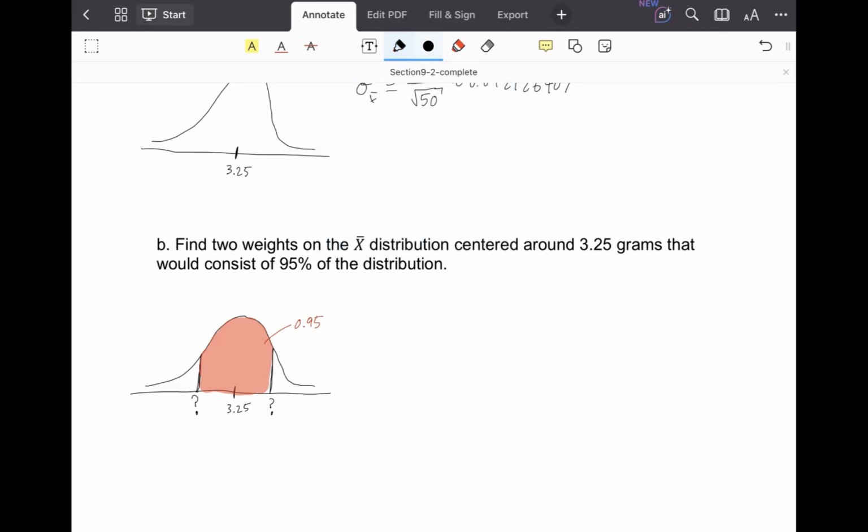Okay, now how would we get those two values? Well, in the past we'd say let's use the inverse normal distribution Excel file.